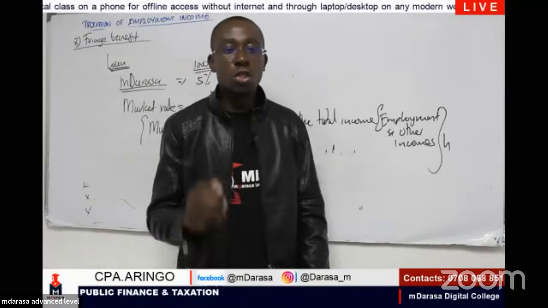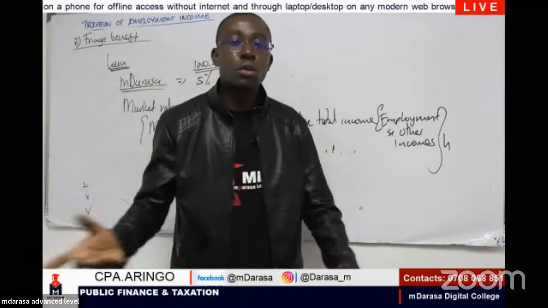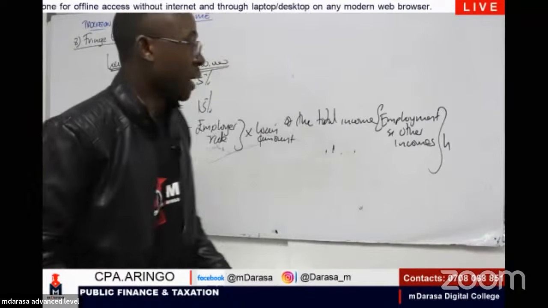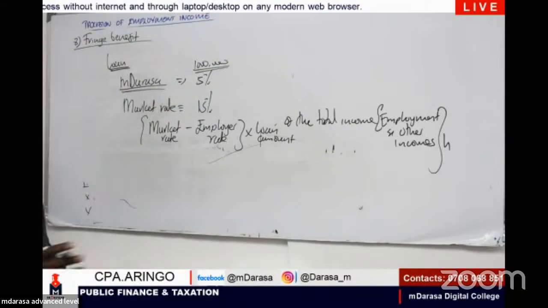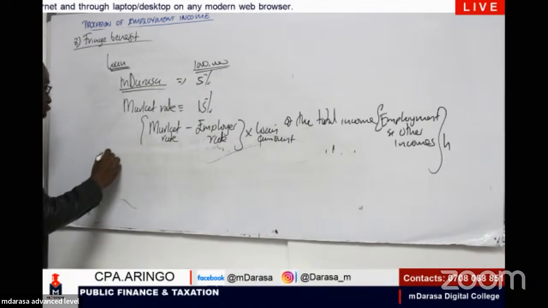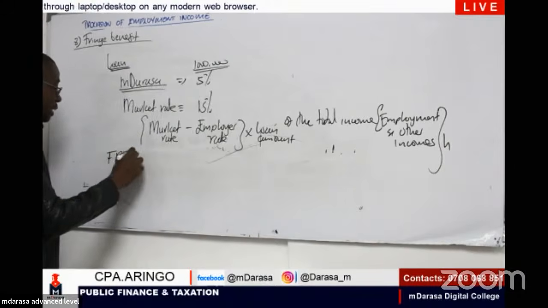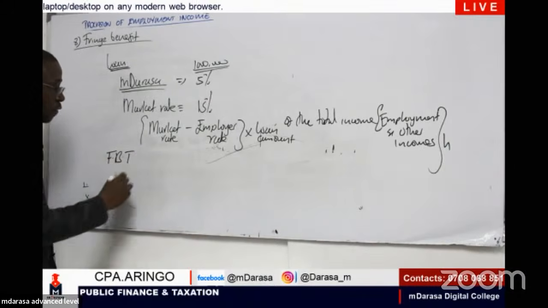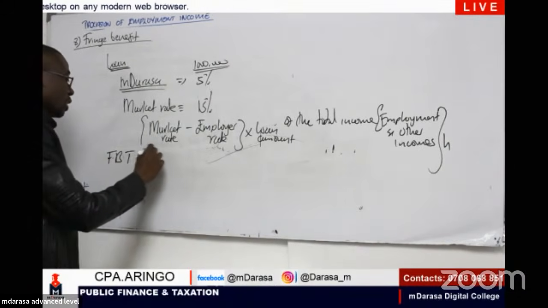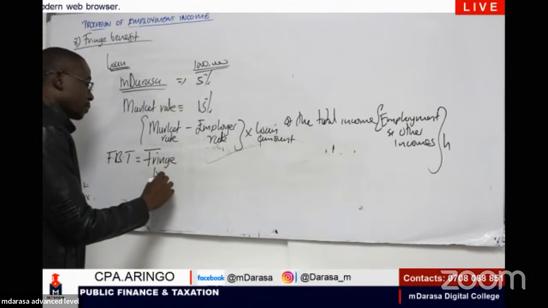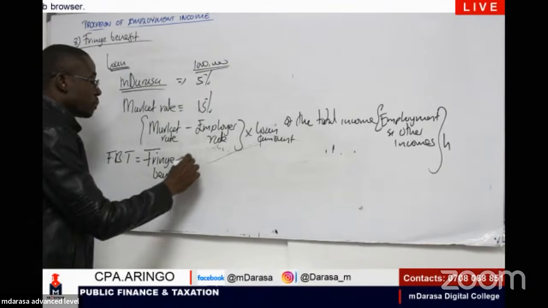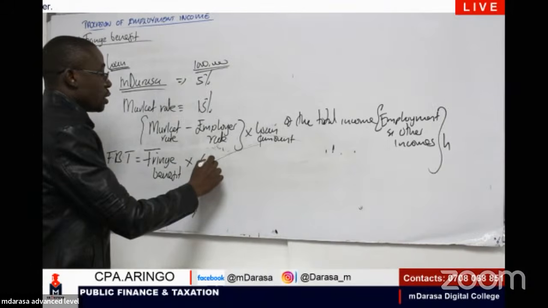So you might be asked in a question to compute this form of tax. To determine the fringe benefit tax, FBT, we take the fringe benefit that we've earned and multiply by the corporation tax rate.